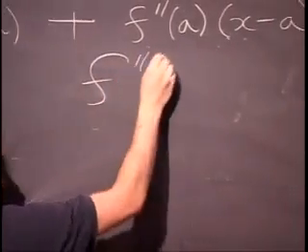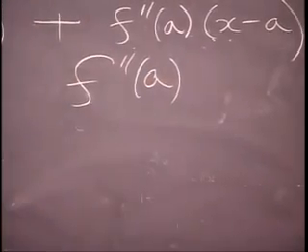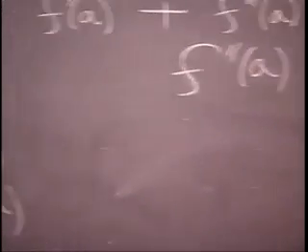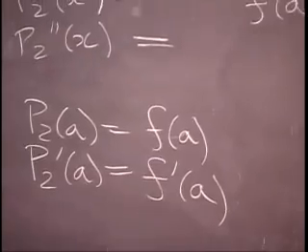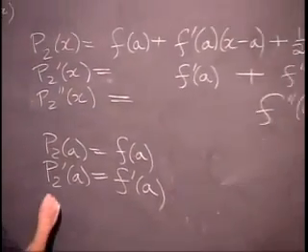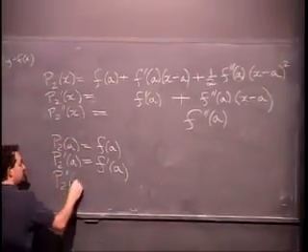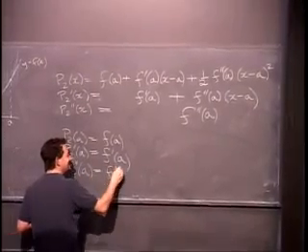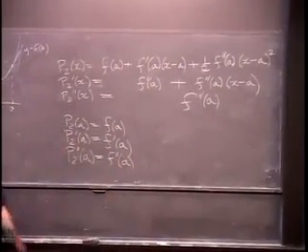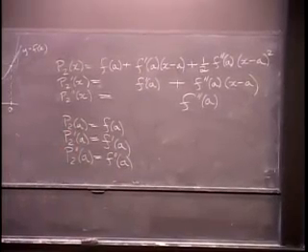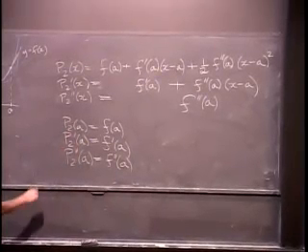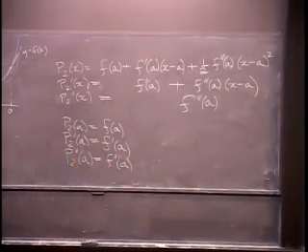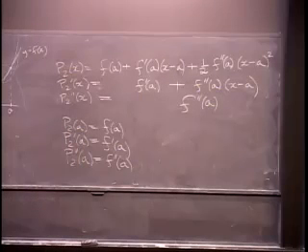So I just get that the second derivative is f double prime of a everywhere. But in particular, the second derivative of P2 at a is the same as the second derivative of f at a. The 2 stands for quadratic, by the way.